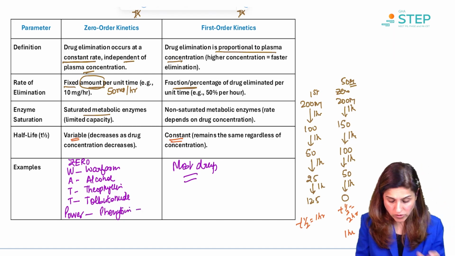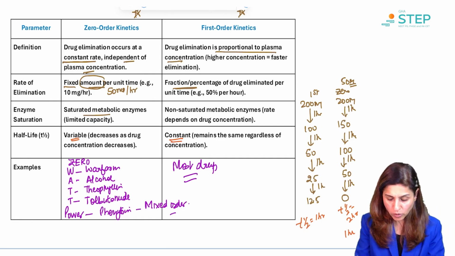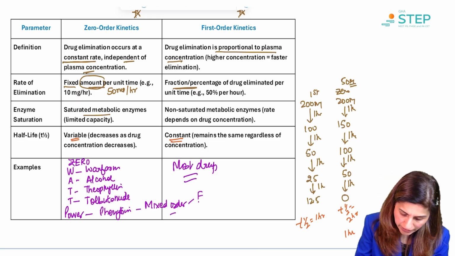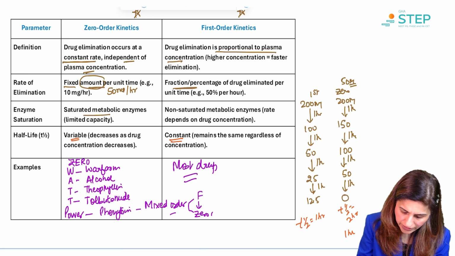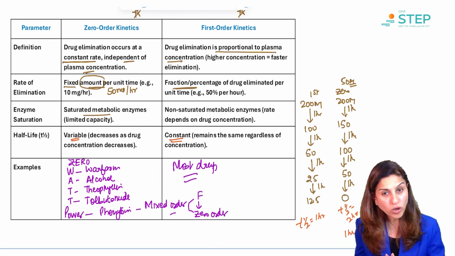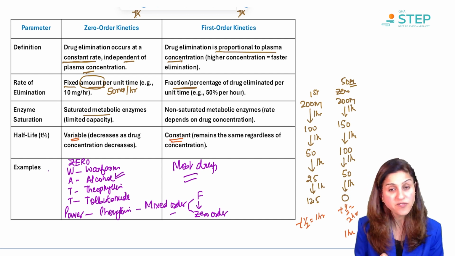Now, phenytoin actually follows a mixed order kinetics, which means that when you give it in a therapeutic dose, it follows first order. But as soon as you go on increasing the dose, then it follows zero order, right? Saturation kinetics. Therefore, it follows mixed order. Completely or purely zero order, it is your alcohol, right? This is very, very important.